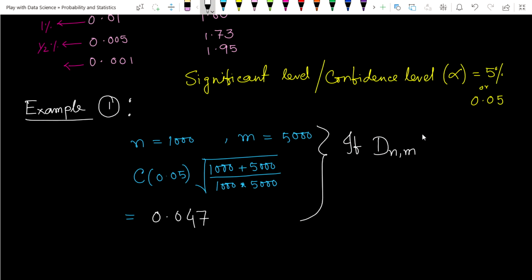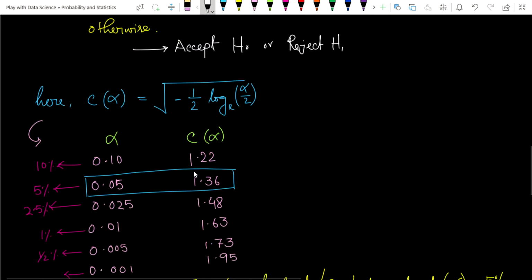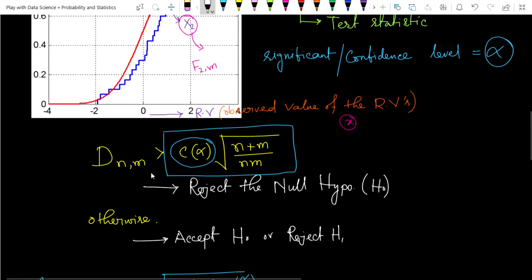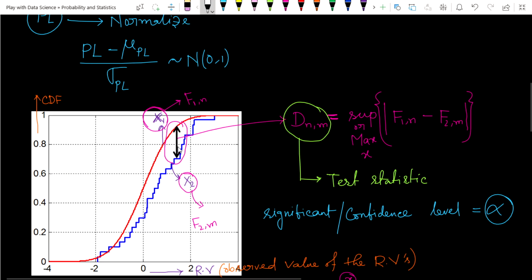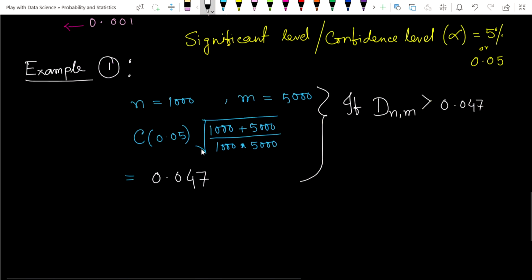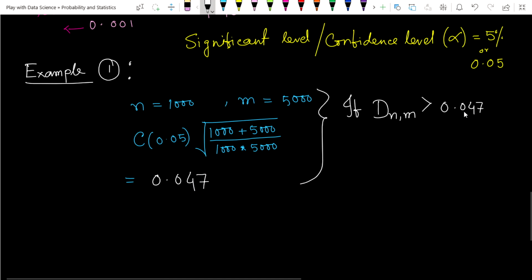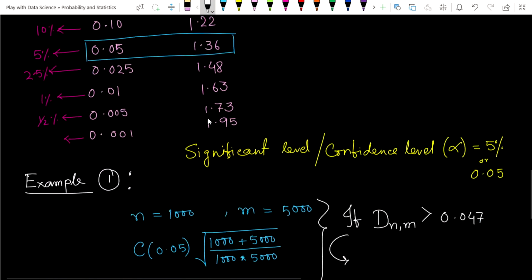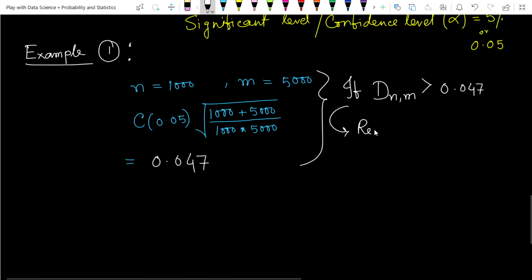This means that if this D_nm value, the supremum, the maximum difference among the observations of the two random variables, is greater than 0.047, then we reject the null hypothesis.